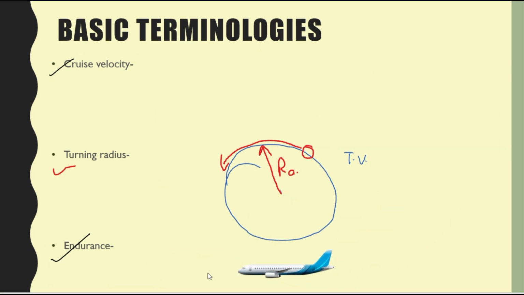So endurance, which is a time dependent quantity, is known as the total flight time of the aircraft. I hope you have got an idea of the different terminologies related to aircraft flight. Please, if you have a doubt, mention it to me.